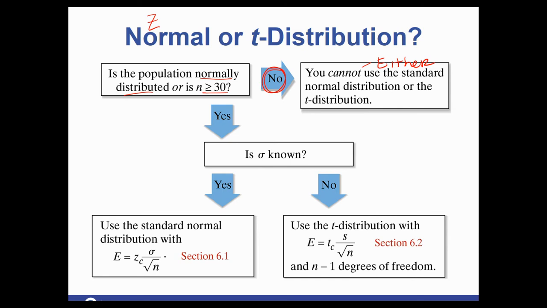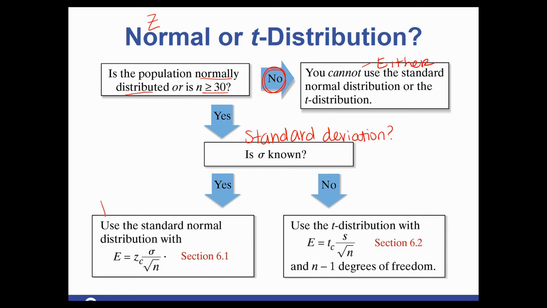So it always has to say normal distribution, or it has to be a sample size bigger than 30 to even proceed. Once you have that, then you're really asking yourself, what kind of standard deviation do you have? That's the big clue.